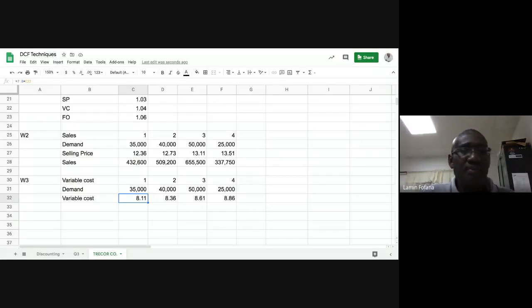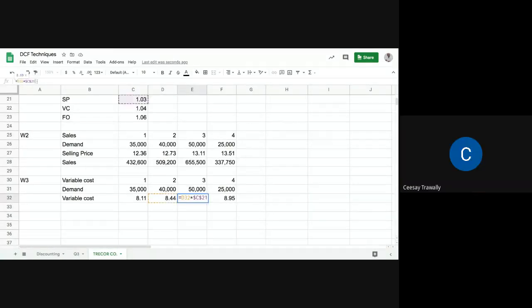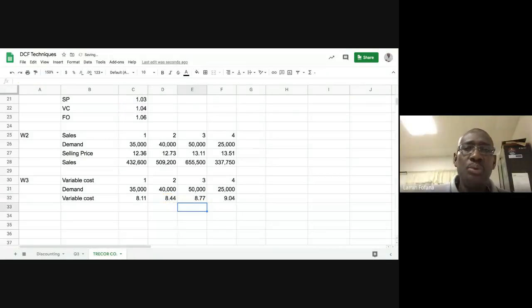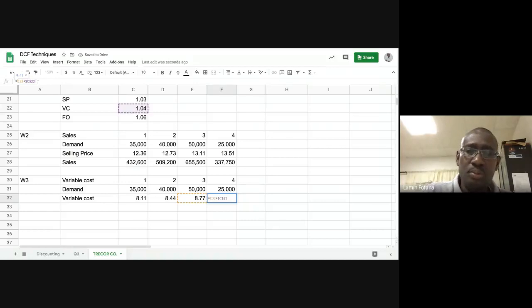So you have 8.11, 8.44 should be. Because it's not picking the right increment, it should be C22 instead. Okay. So that's why now you have 8.44, C22, multiplied by 1.04. C22. Yeah.